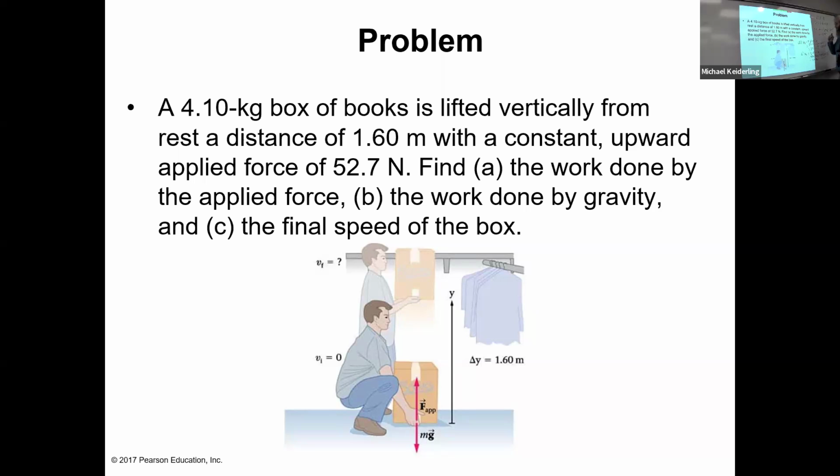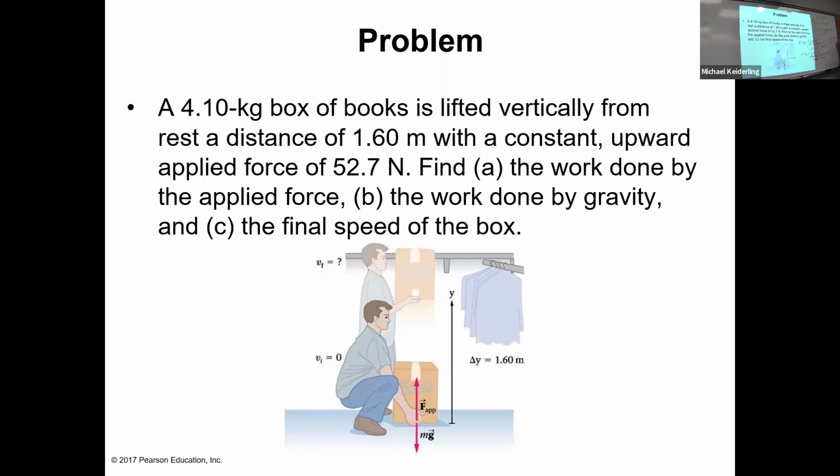The final speed of the box, well, it started at rest, so the total work is going to be the change in kinetic energy, so that's just going to equal 1/2 mv final squared, because the initial kinetic energy is 0. So our total work is going to be 84.3 plus negative 64.3, 20 joules.